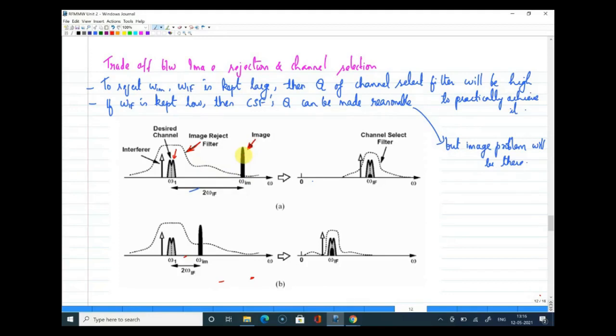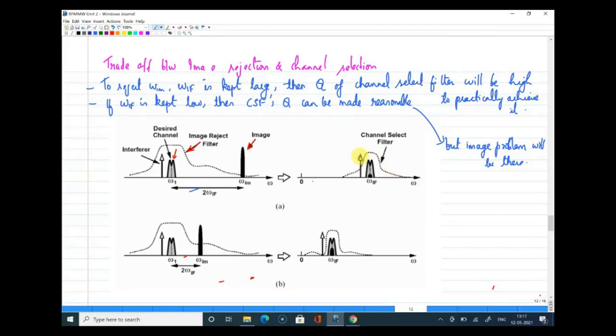But with the same condition, if I look at the channel select filter, not only images, apart from images, along with the desired signal, near to the desired channel itself, there will be other interference. Now I made omega f large and I rejected images, but when it comes to the channel select filter, since omega f is large, the Q values are not practically achievable, and we are not able to generate a very sharp cutoff of the channel select filter.